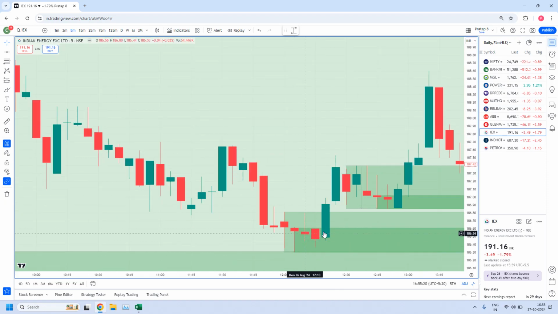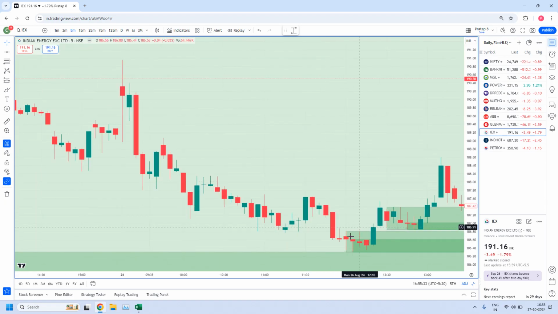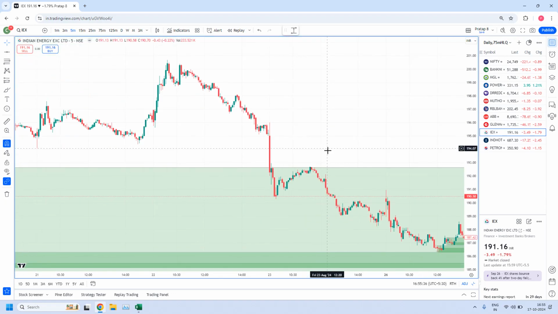And this is another fine-tuned area. This entire candle is a failed ERC candle. I consider these as the base candles and a rally. This is another fine-tuned 5-minute zone.